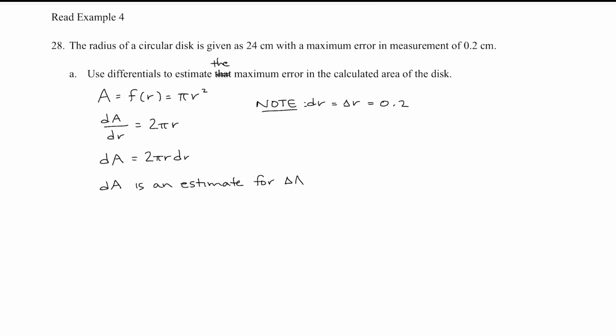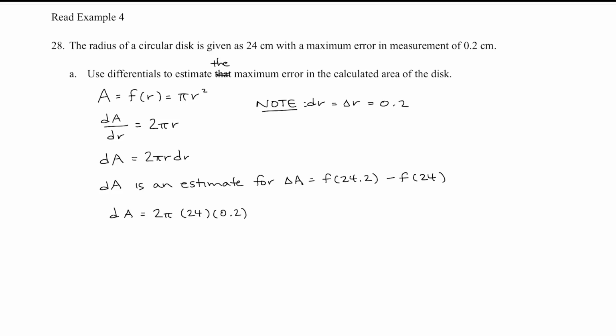Now, dA is an estimate for delta A, which is the actual change in area. That would be the area calculated at 24.2 centimeter radius minus the area at a 24 centimeter radius.